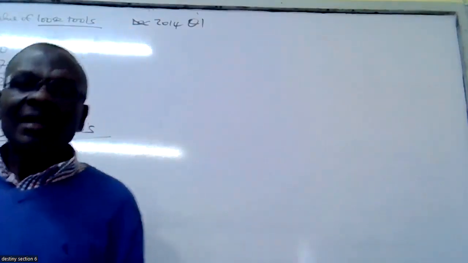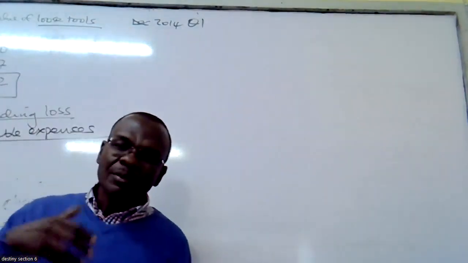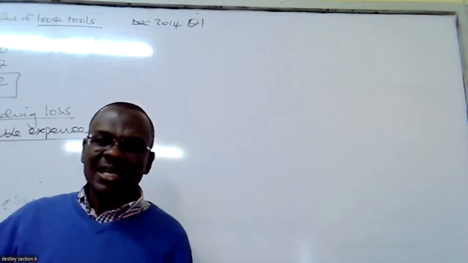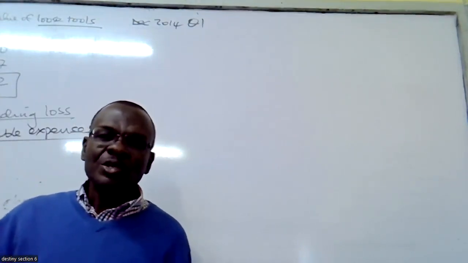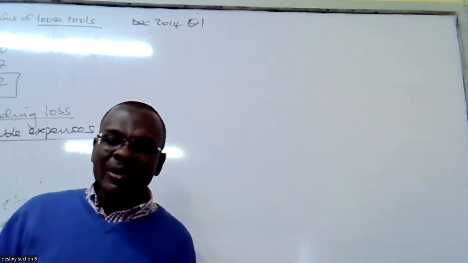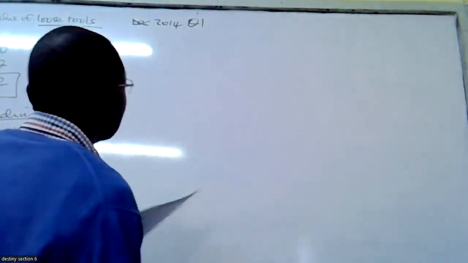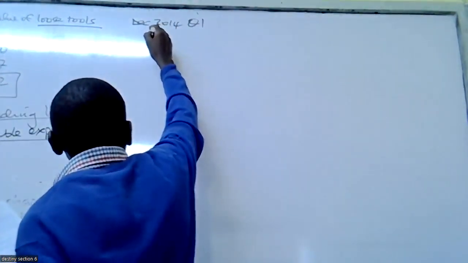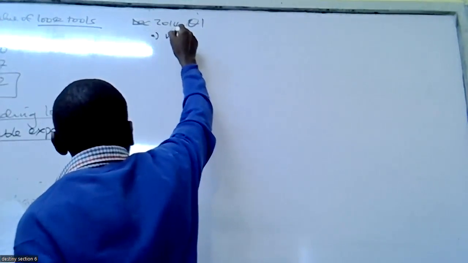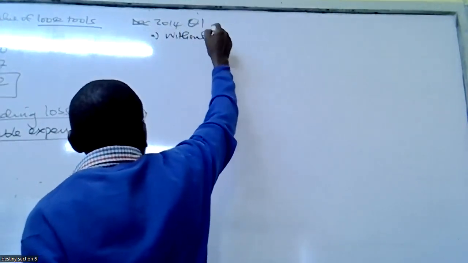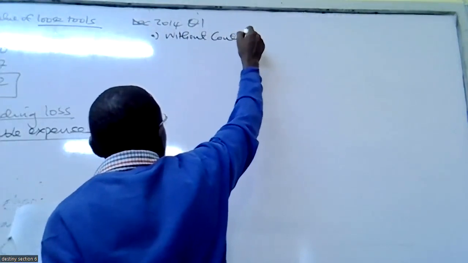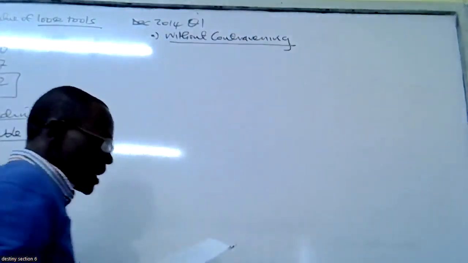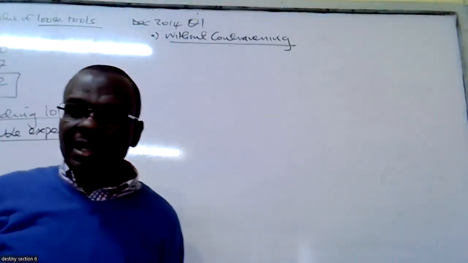But tax planning refers to taking advantage of the provisions in the income tax legislation to reduce the burden of tax without contravening. You don't break any law, so there is no contravention, without contravening any tax law or legislation.